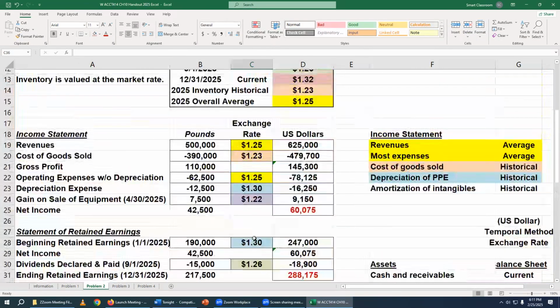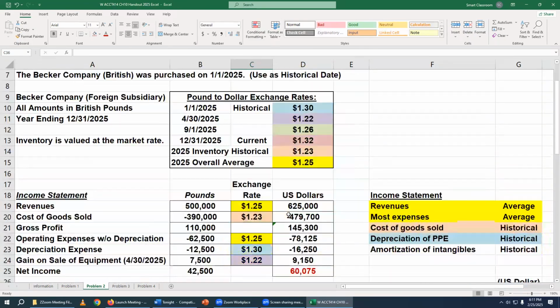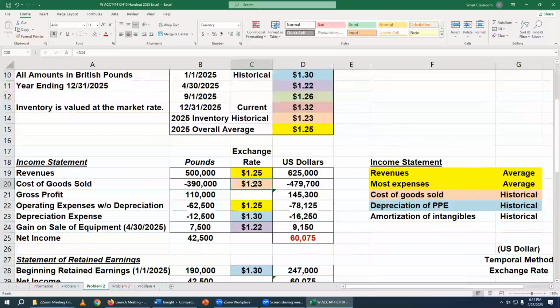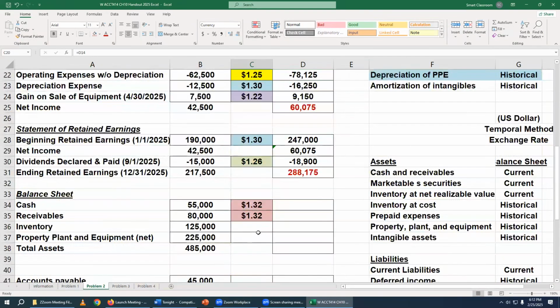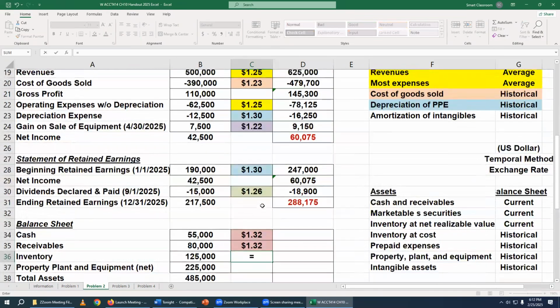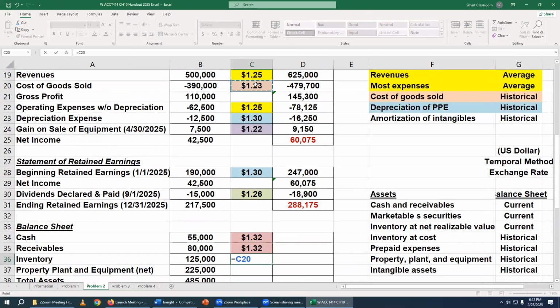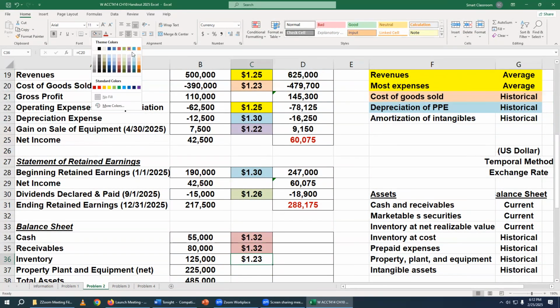Inventory is going to go on at the historic rate, which we already used up here for the cost of goods sold, which is 123. Orange. Hey, I'm not multiplying these out.